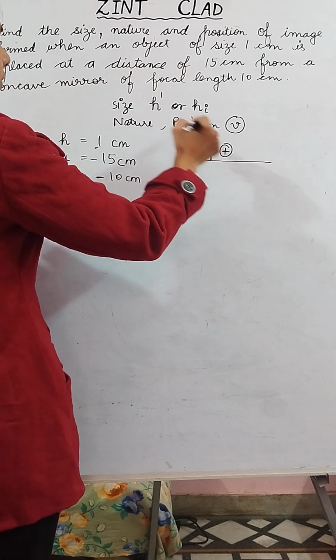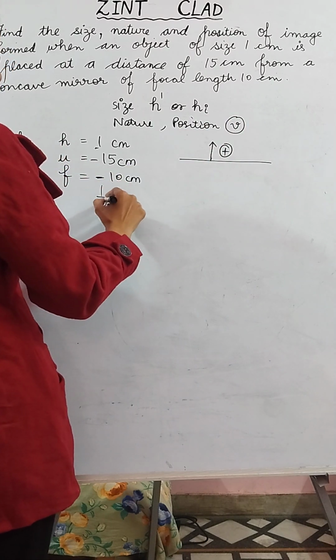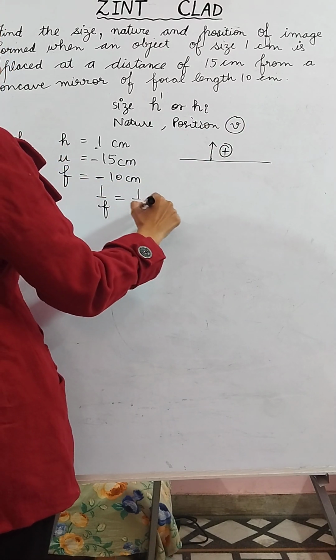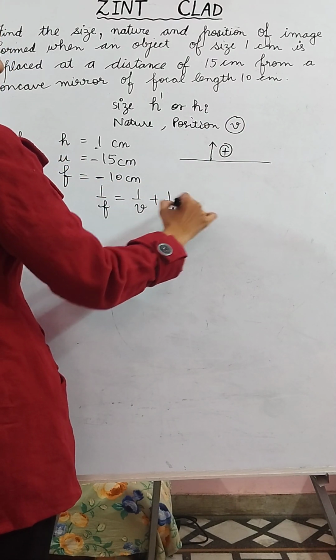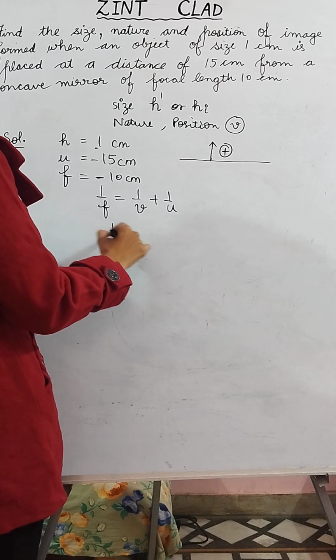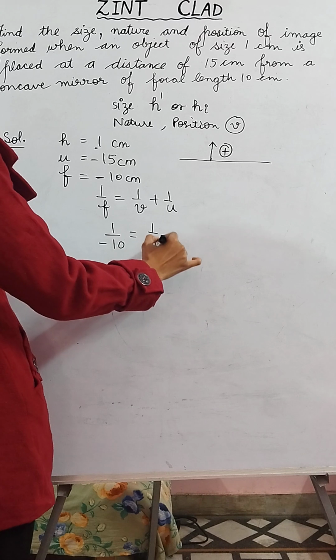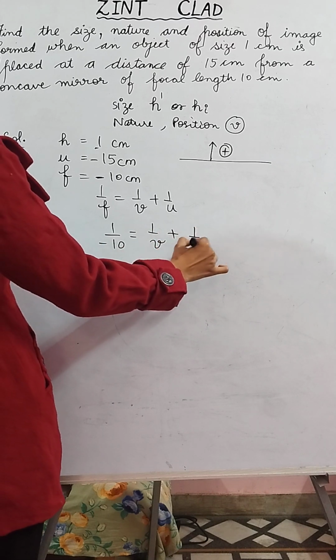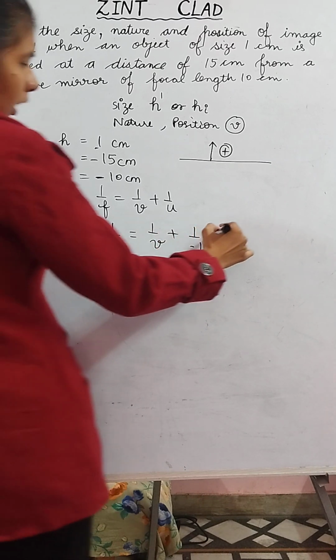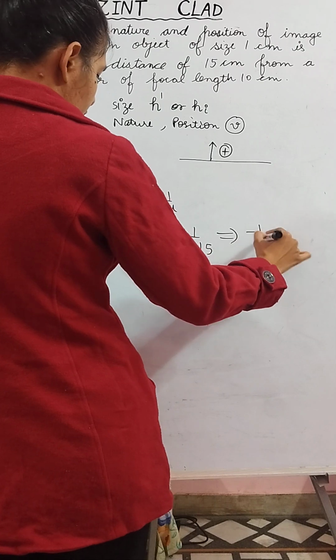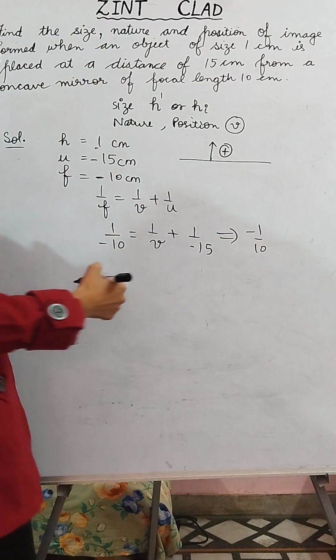Now we'll try to find V first. We'll use a mirror formula, and the mirror formula is 1 upon F equals 1 upon V plus 1 upon U. 1 upon F. Our focal length is minus 10. V we need to find, and U is minus 15. Now what we will do? We'll take this minus 15 on the other side.